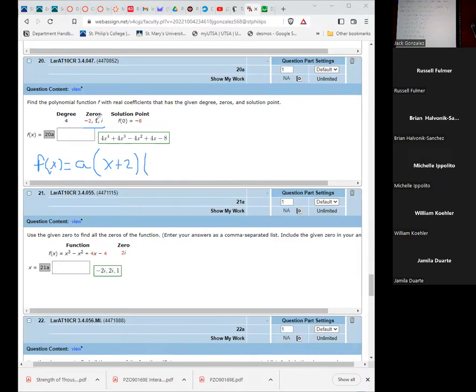x plus 1 is a 0, so x minus 1 is a factor. i is a 0, so that means x minus i is a factor, and then I have to write its pair, x plus i.